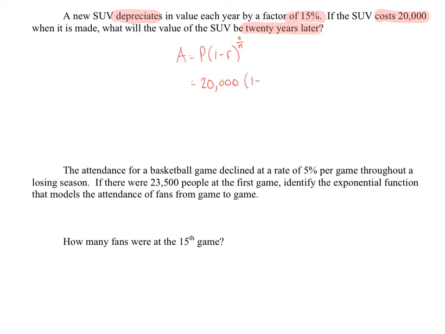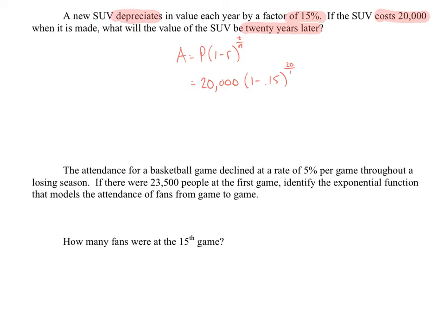So then we have 1 minus our rate of decay. It's depreciating by 15% every year. So the way that we're going to represent that is 1 minus 0.15. Time is going to be 20 years, and since the depreciation only happens once per year, n is 1.